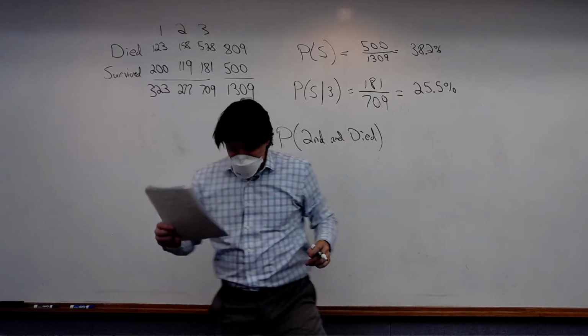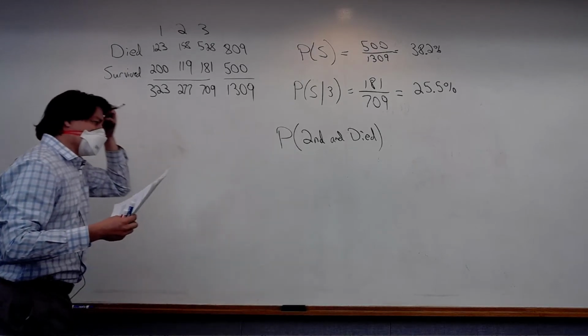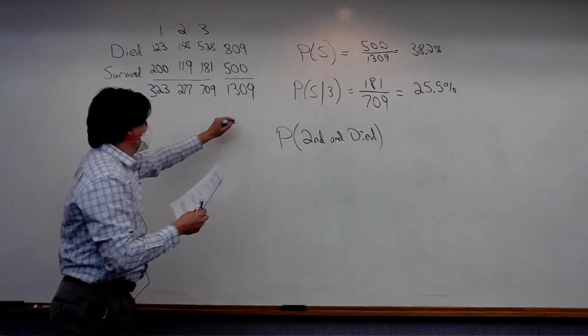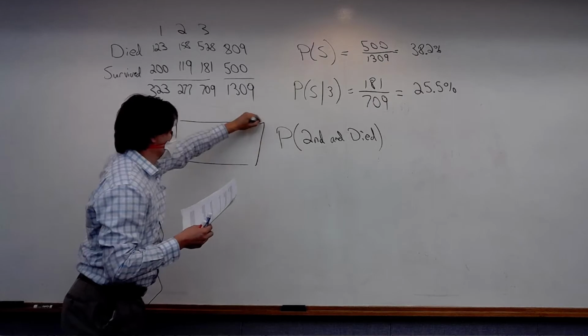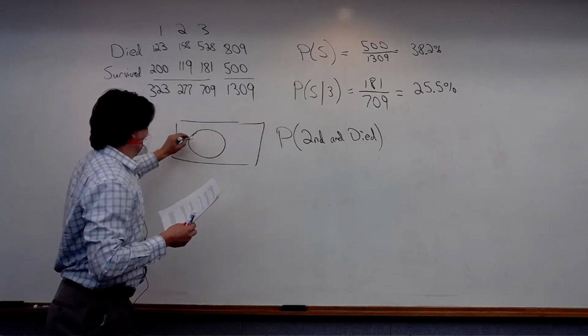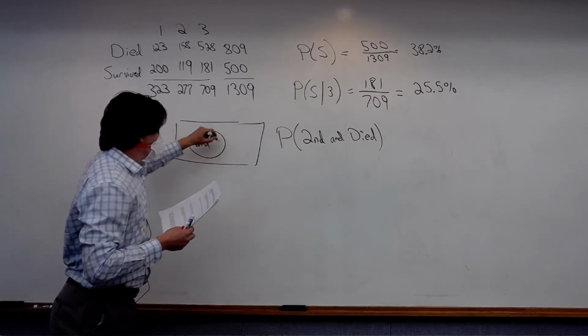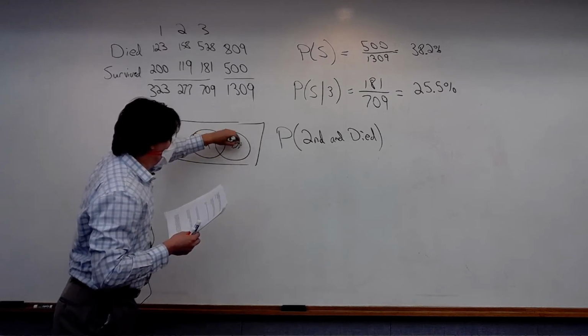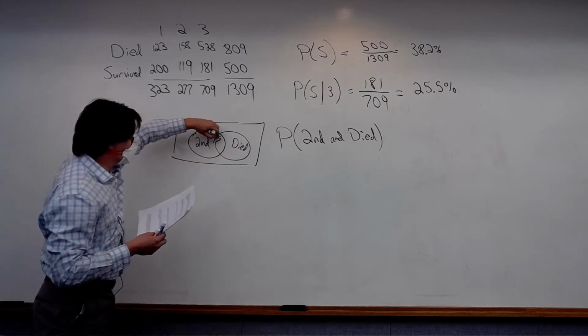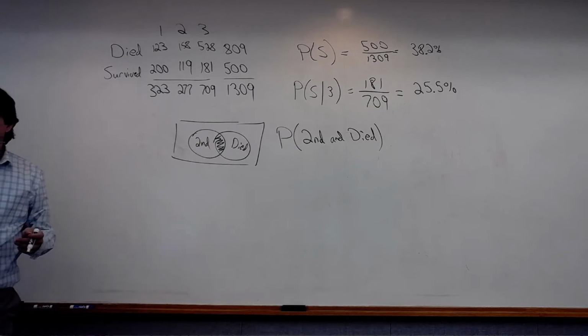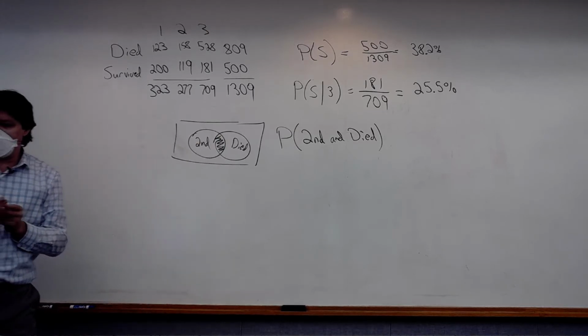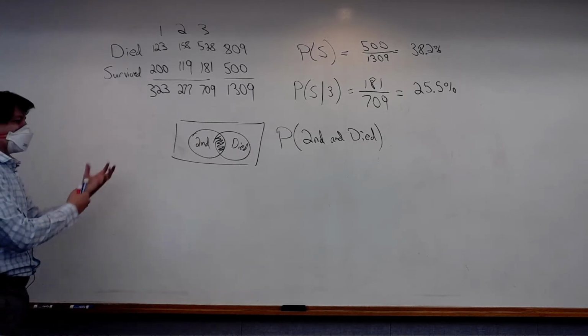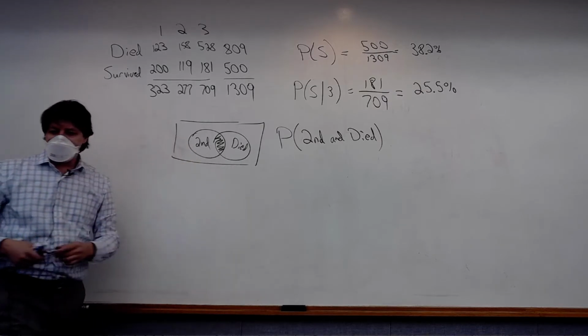What does that mean? Let's Venn diagram that real quick. We need second class, we also need died, and what we're interested in is this overlap. We need them to have been both second class and have died.